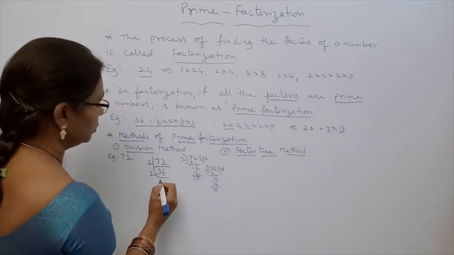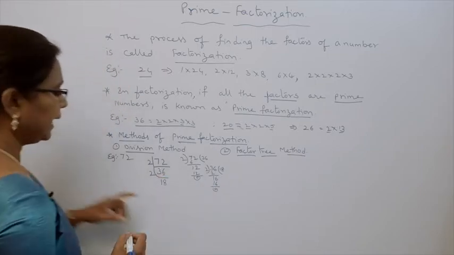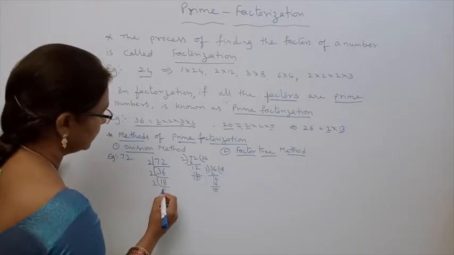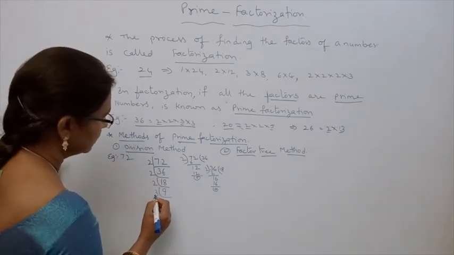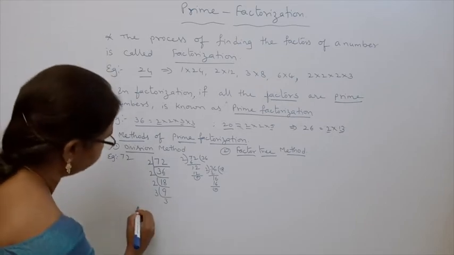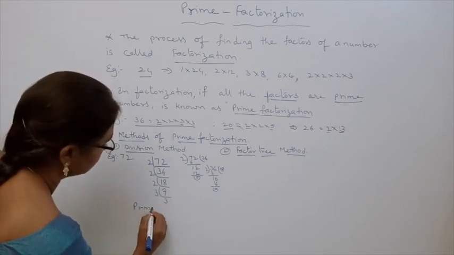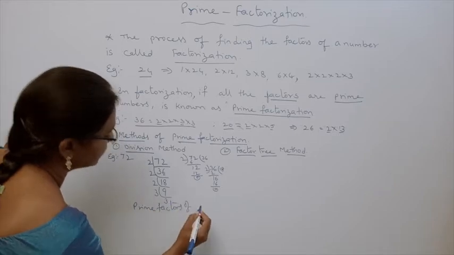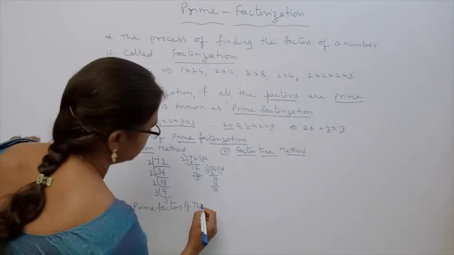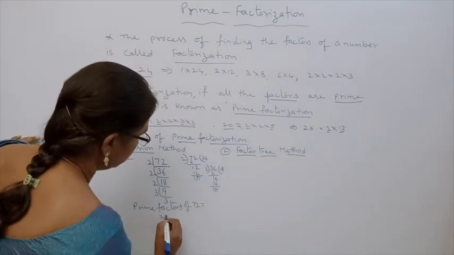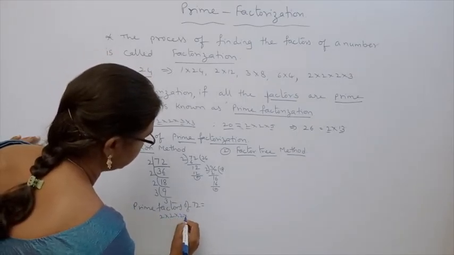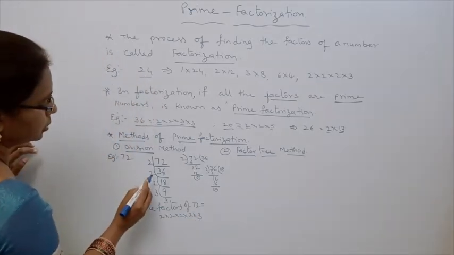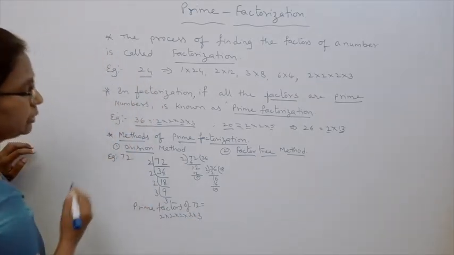Then 18. Again the last digit is 8, then the 2 table goes. 2 nines are 18, then 3 threes are 9. Now the prime factors of 72 are 2 into 2 into 2 into 3 into 3.